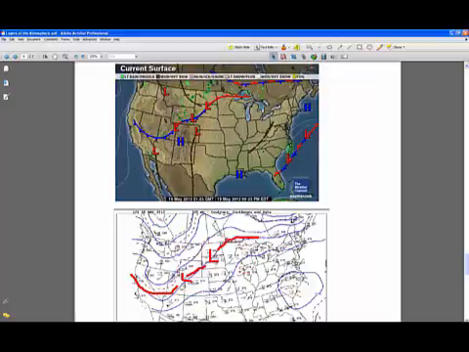So in other words, the low is not going to cut across the isohypses, it's going to go parallel to it. So the direction that the surface low would follow would be parallel. I'm going to have to use the pencil.